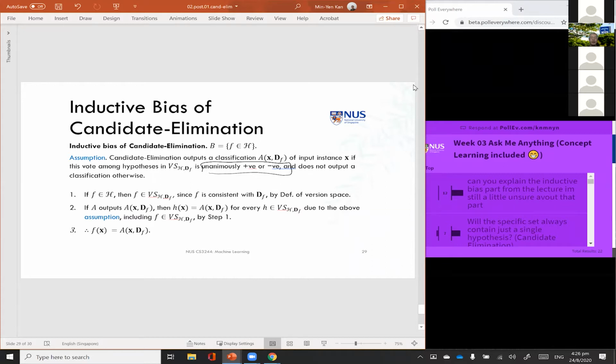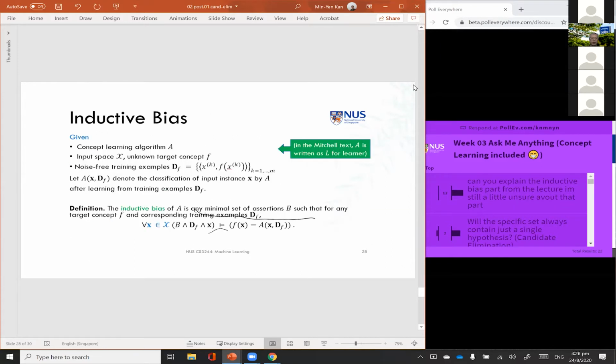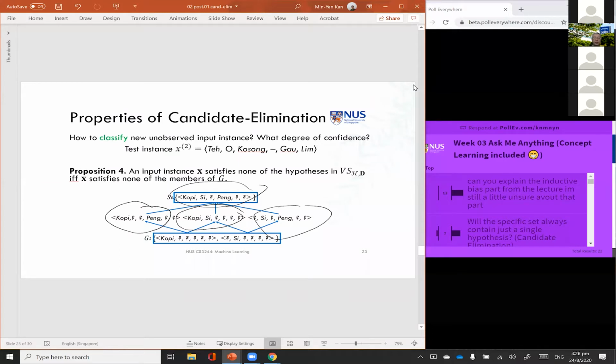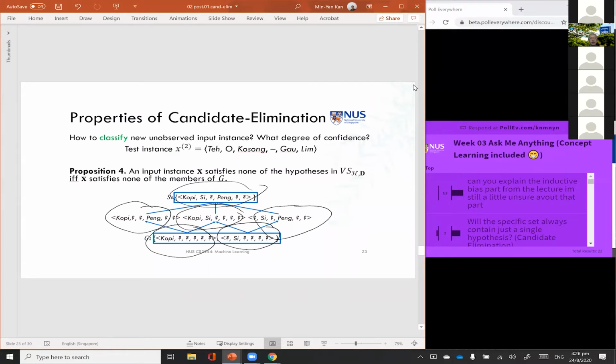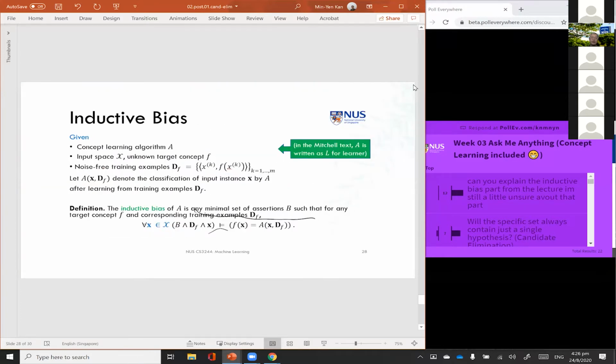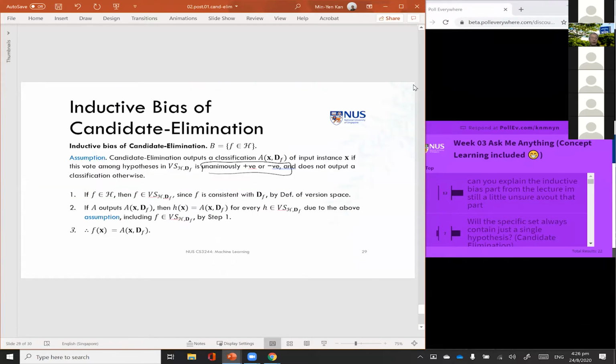If, like we saw in a couple of slides earlier, some of the hypotheses in the version space say yes and others say no, then you can't make a decision based on that directly. You can use a probabilistic assumption, but for the purposes of coming up with a proof for showing the inductive bias, we don't have a way of answering that.